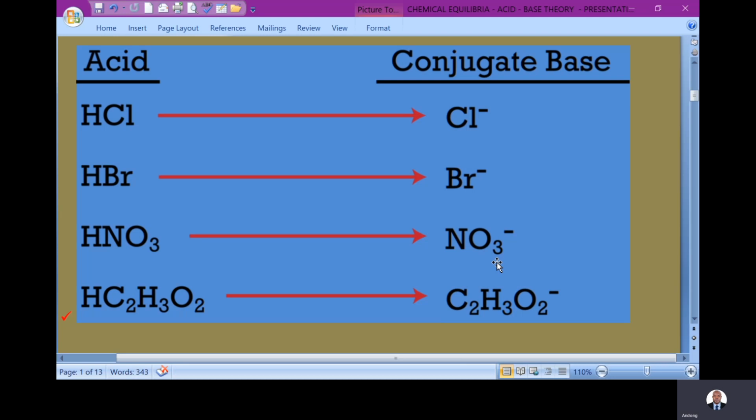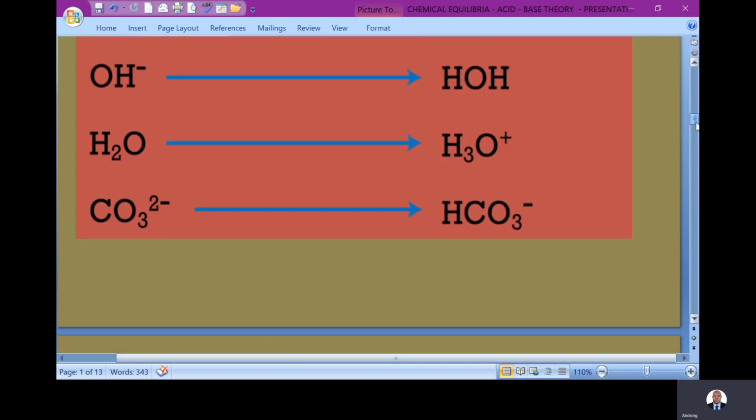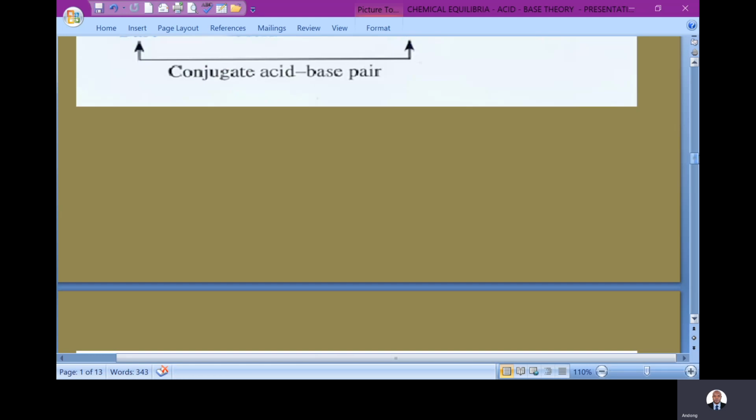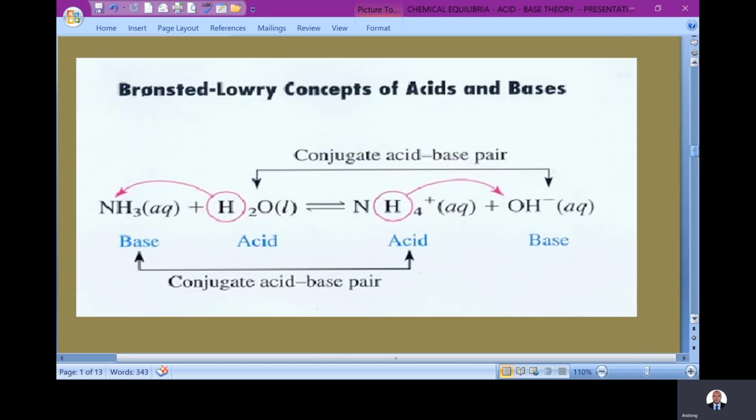If we deprotonate this one, we have this. If we deprotonate this, we will have this. If you are given a negative ion here, C2H3O2, we can deprotonate it. We remove a hydrogen here and add a positive. If we remove a hydrogen here, it becomes this other one. So there are many ways we can do this in having an acid.